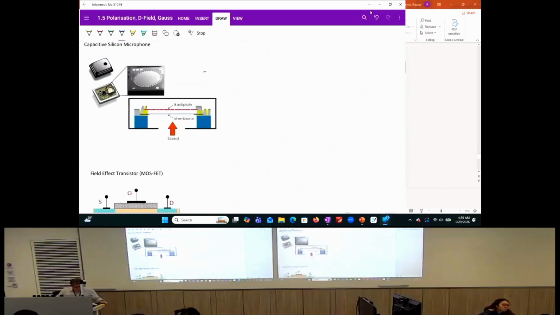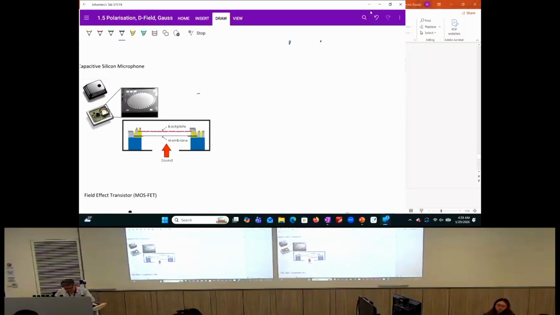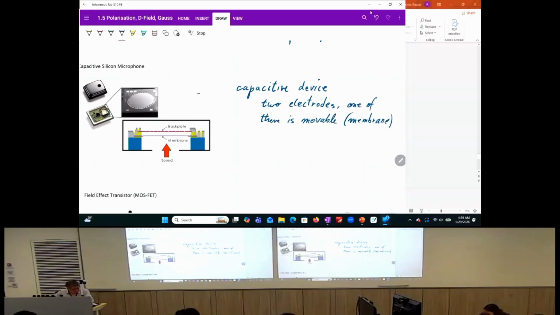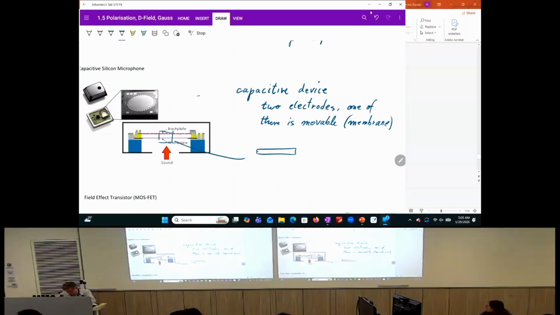So we have a capacitive device here. We have two electrodes, and one of them is movable. If you plot that a little bit, then you have again these two plates, electrodes. One is a membrane, and you have that made from silicon.